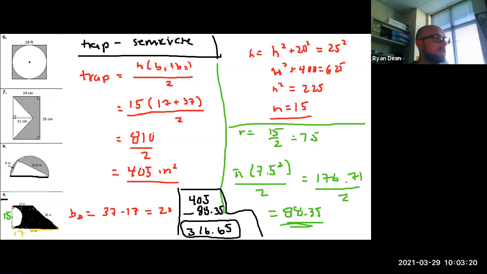It's the hypotenuse of this triangle here. So to find it, I have to use the Pythagorean theorem: 9 squared plus 21.6 squared equals this x squared. And then once I find this x, the x is used to find the area of the semicircle. So we're still combining multiple topics that we've learned in the past to come up with the area, but it's all done with basic shapes.